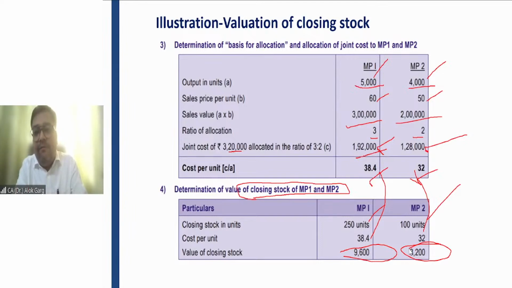Mansa, first of all, 4 things are here. Number 1, joint product 1, which is MP1, joint product 2, which is MP2, byproduct, which is BP, and scrap. Scrap is also there, right? So scrap is not an inventory. Scrap has to go at the sales value. Net realizable value has to be calculated for this byproduct, right?